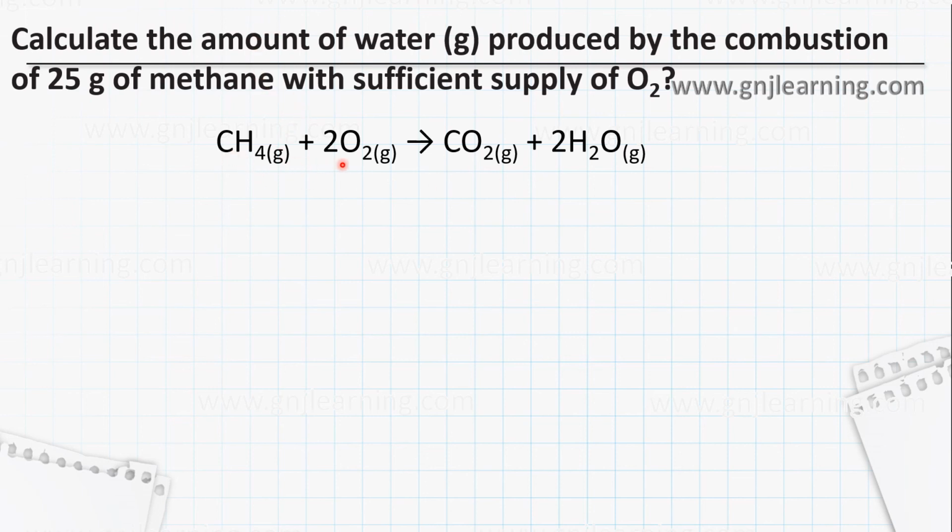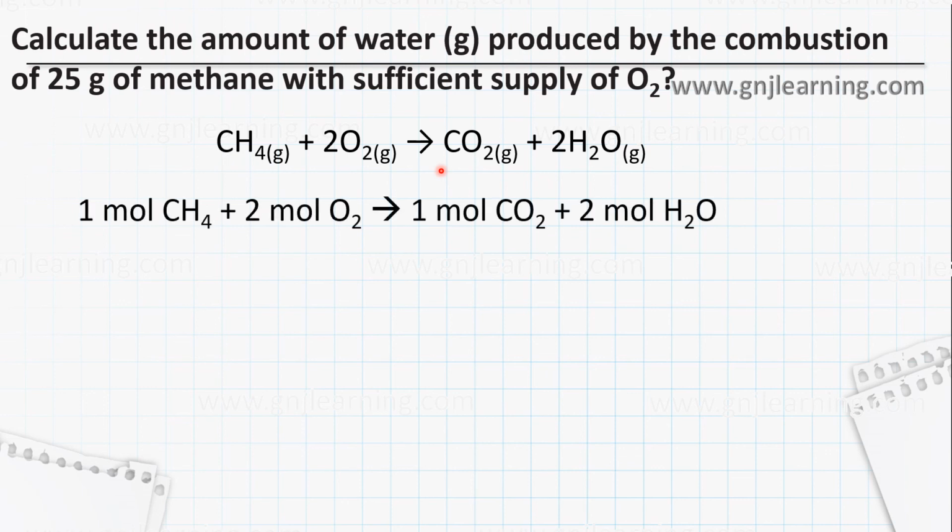From this stoichiometric calculation, I have also another one: instead of taking mass, I can take the number of moles. Clear? So 1 mole, 2 mole. It's easier than the mass. What they have asked is, if I am using 25 grams of methane, how much water is produced?